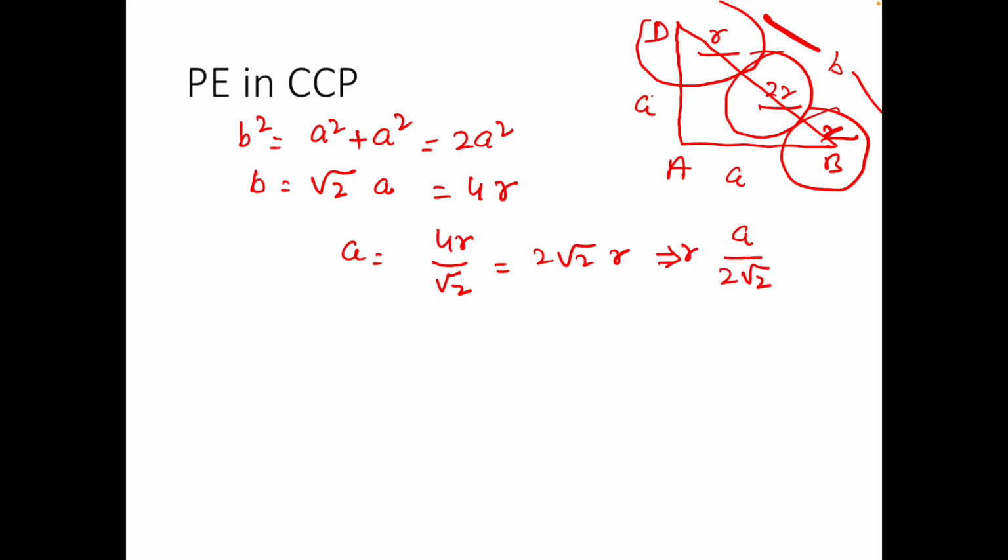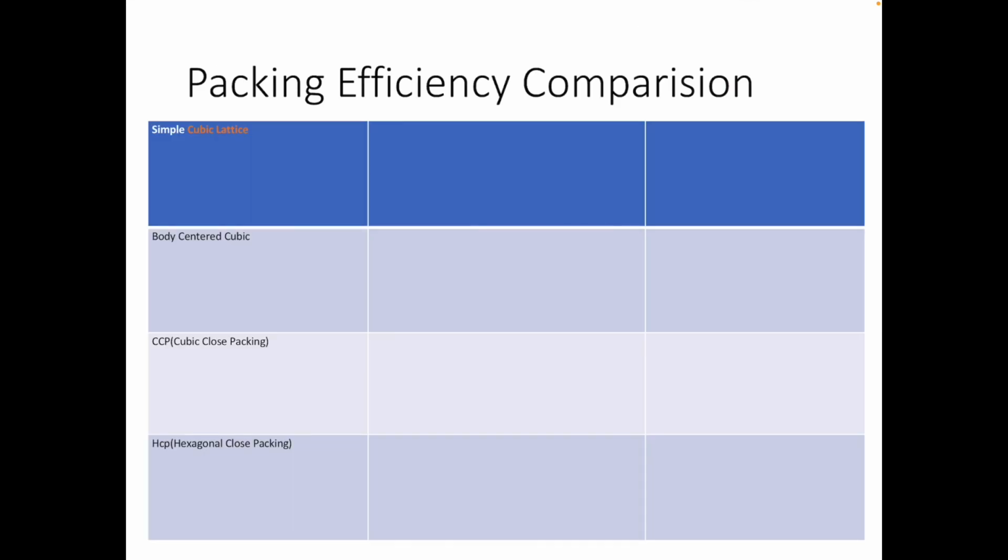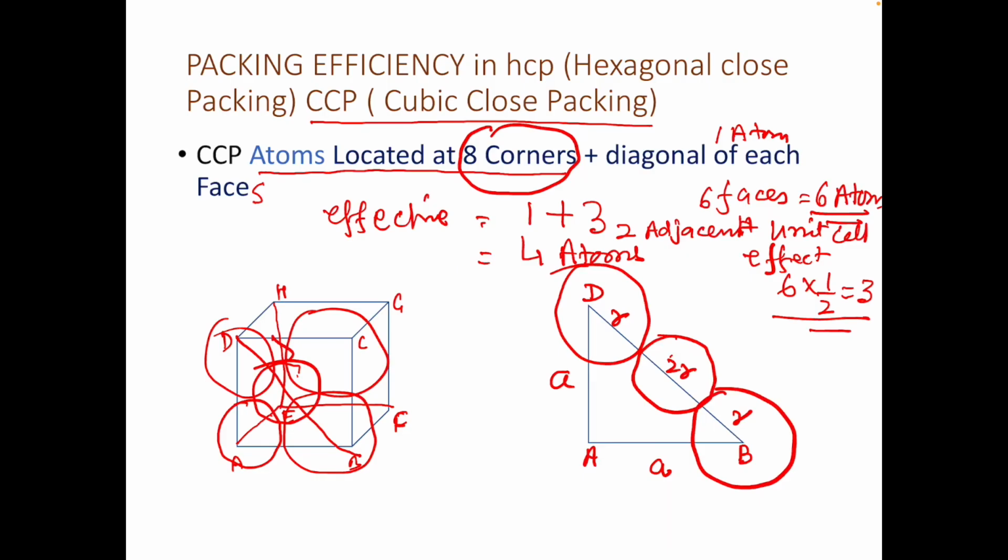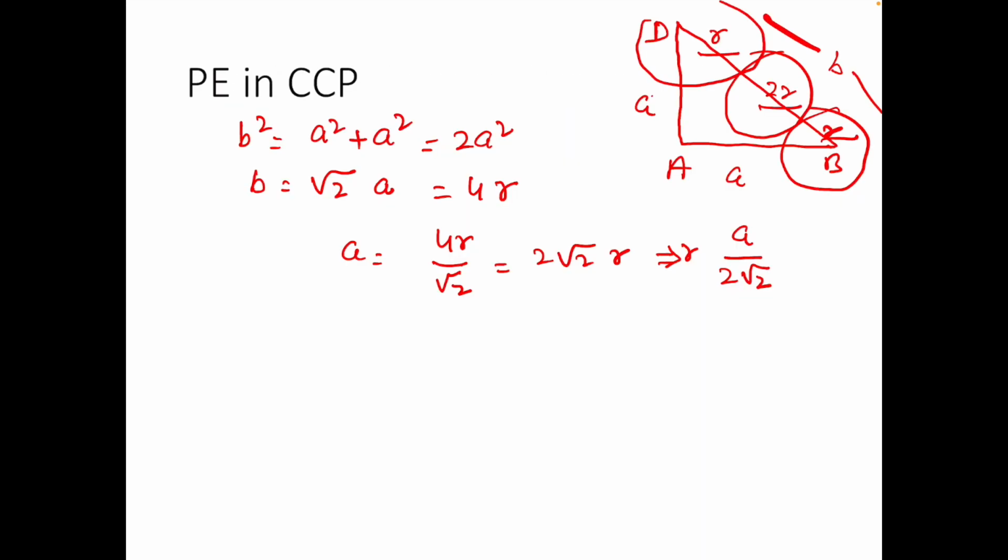Now we have seen that the effective number of atoms is 3 plus 1, 4 atoms. How will the packing efficiency be calculated?